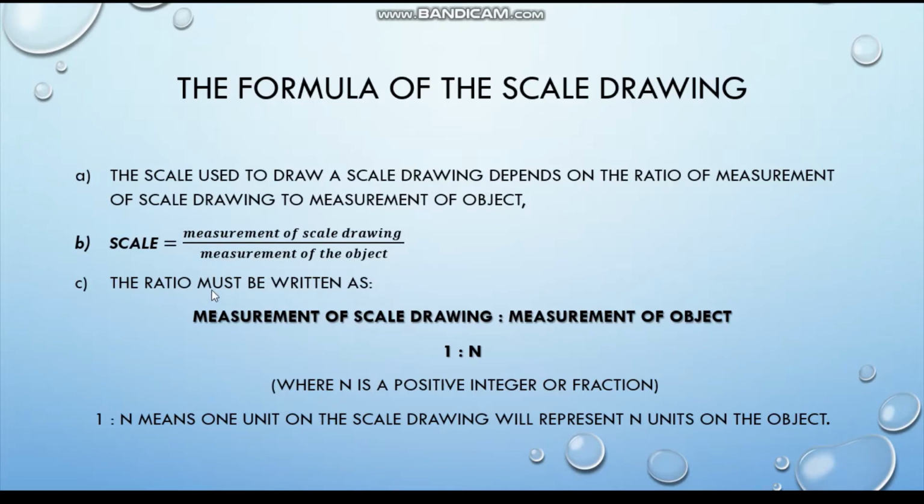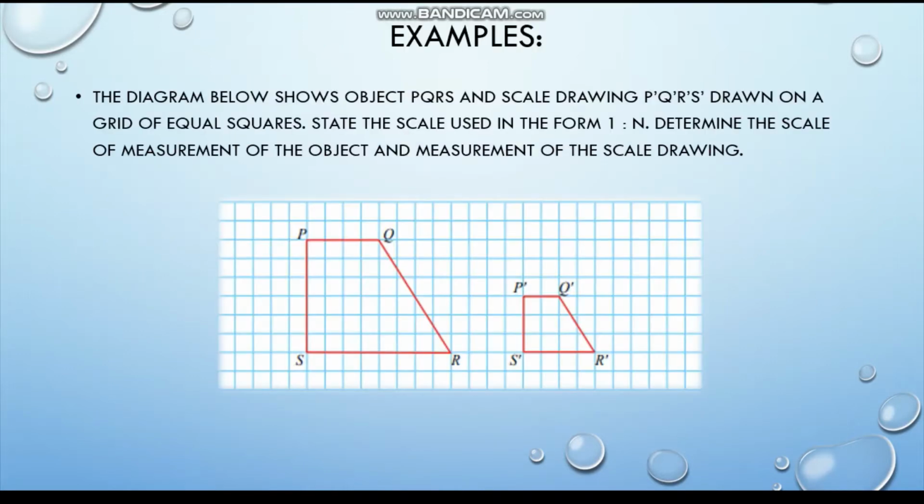And then the ratio must be written as measurement of the scale drawing to measurement of the object, that is equal to 1 to n. n represents a positive integer or fraction. 1 to n means one unit on the scale drawing will represent n units of the object. So I will show you some examples of how to calculate the scale drawing.